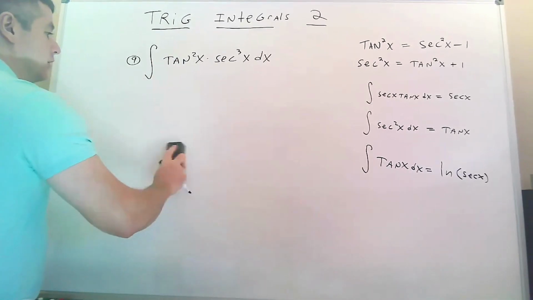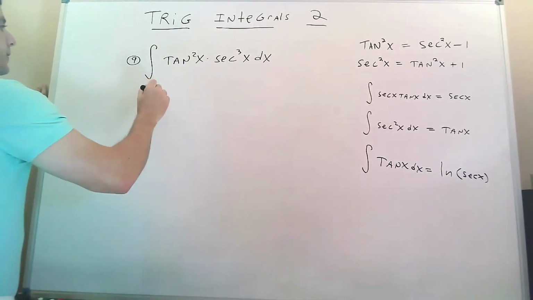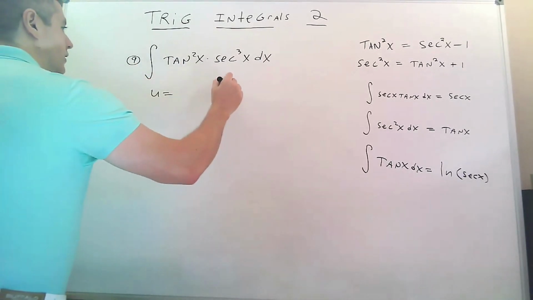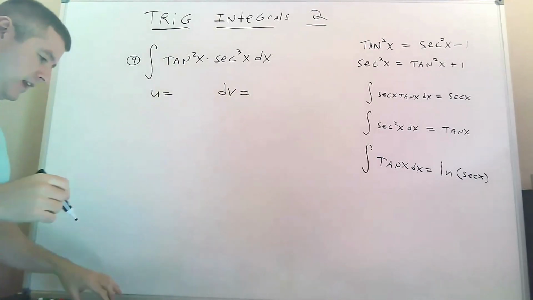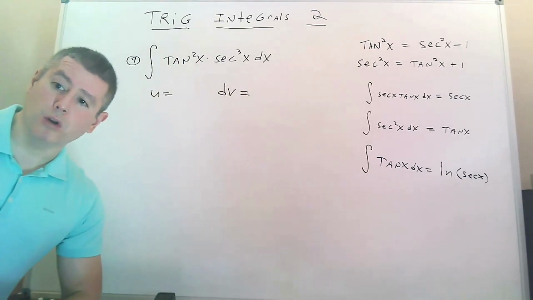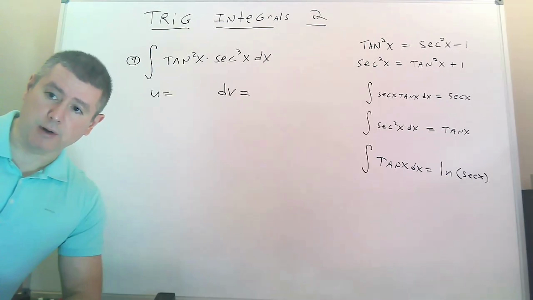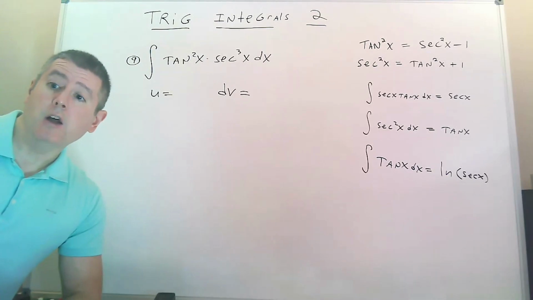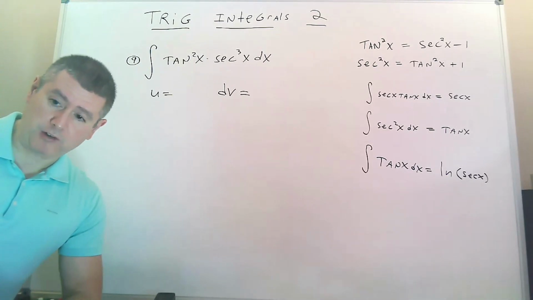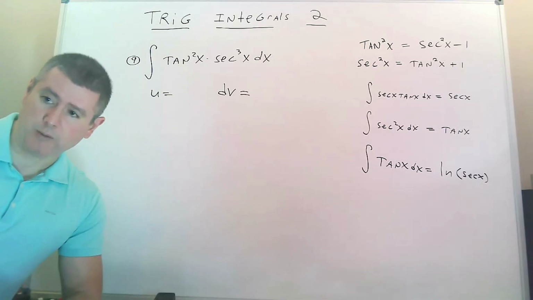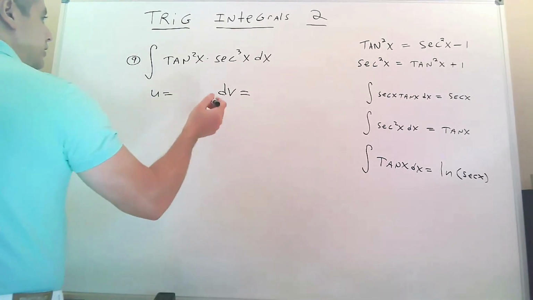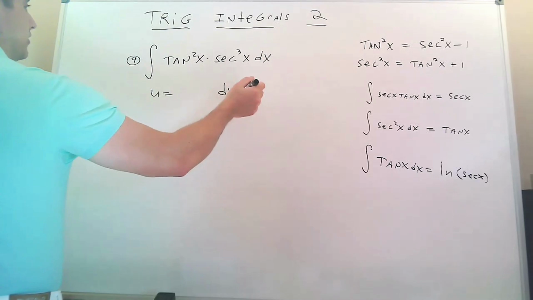So what you have to do, unfortunately for you, would be to do this. This is brutally difficult. Now, in a previous problem, you have secant cubed there, which also has to be done by parts. It's a little simpler than this one, but it depends on you. Now, you don't have a lot of choices.